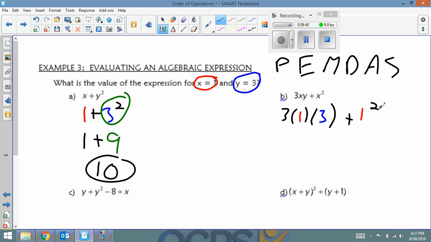Okay, so according to PEMDAS, it says we do parentheses first, but in this case, when we only have one number inside the parentheses, there's nothing to do. That means it's actually done. So we're going to skip to exponent. So we're going to do this exponent here, 1 squared, which is 1.